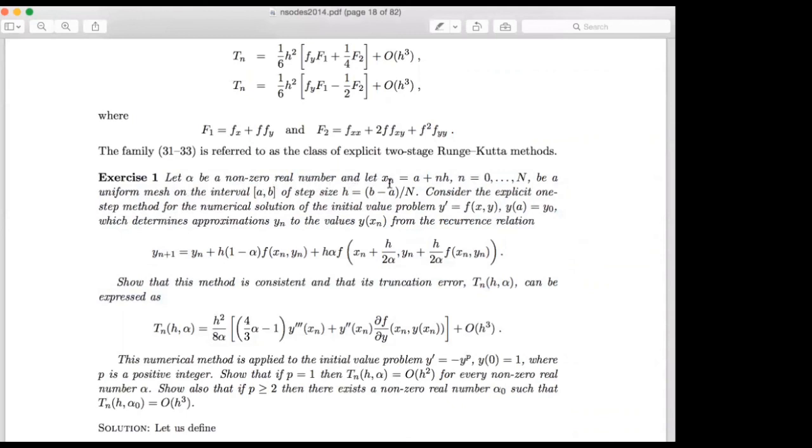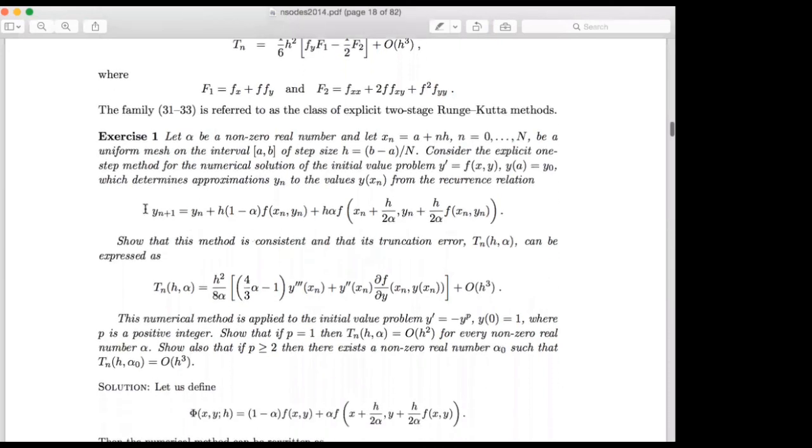Xn is this one, a uniform mesh on this interval of this size. Consider an explicit 1-step method for the numerical solution of this initial value problem, which determines the approximation yn to the exact solution from this recurrence relation.